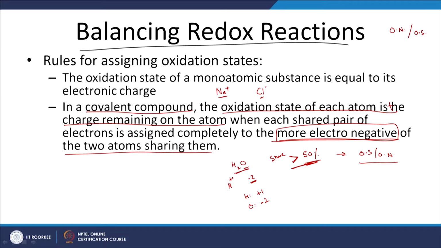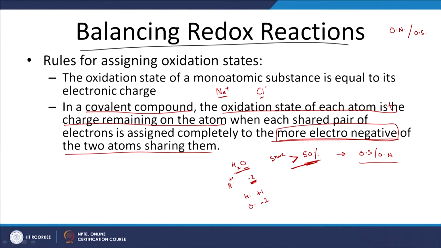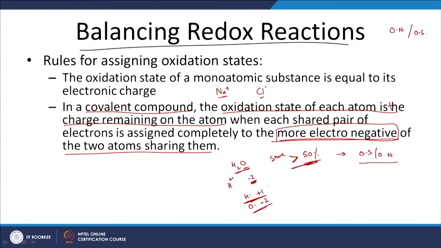One example we looked at was H2O. Oxygen is more electronegative, so it has greater than 50% share of each of the electrons that it is sharing with hydrogen, and it pulls these electrons towards itself. Thus the hypothetical charge is -2, and that's why the oxidation state is -2. Similarly, H has less than 50% share, so when calculating the oxidation state, H is losing its electron to oxygen, and so the charge on H would be +1, and thus the oxidation state would be +1.